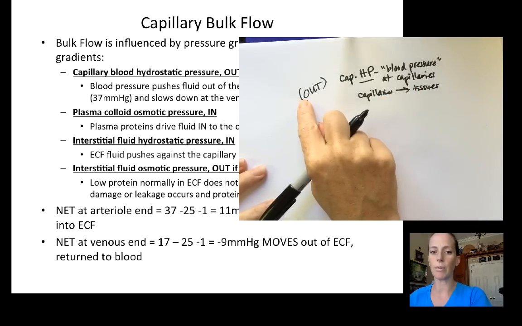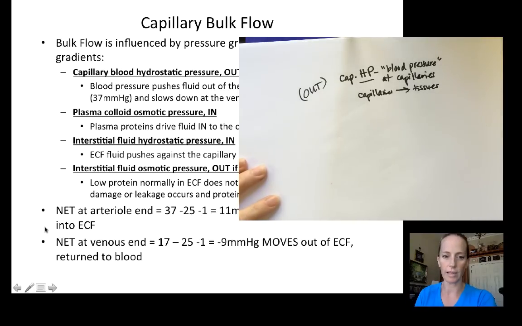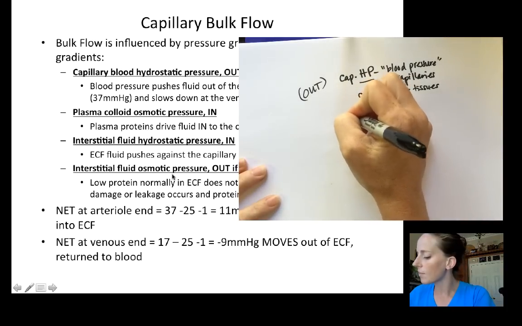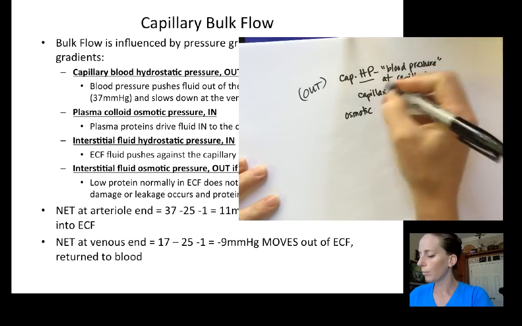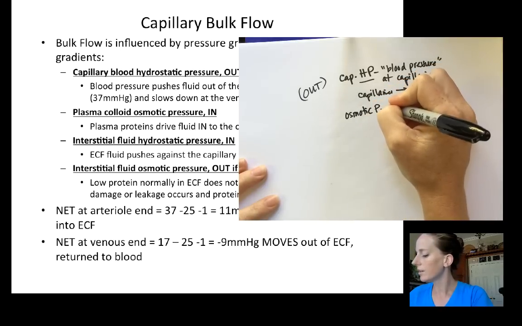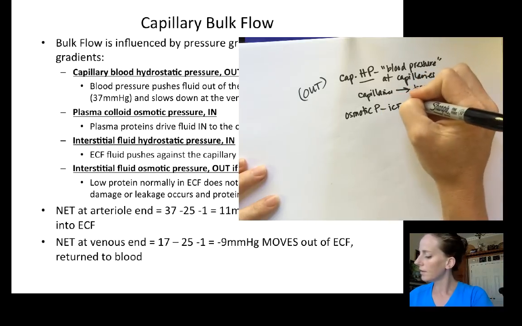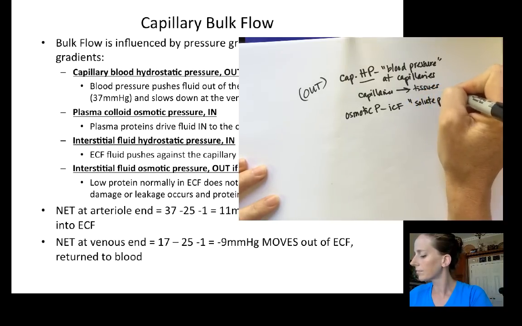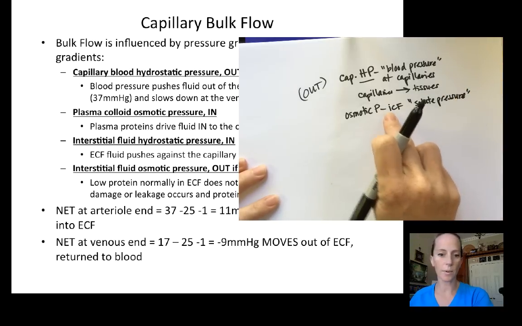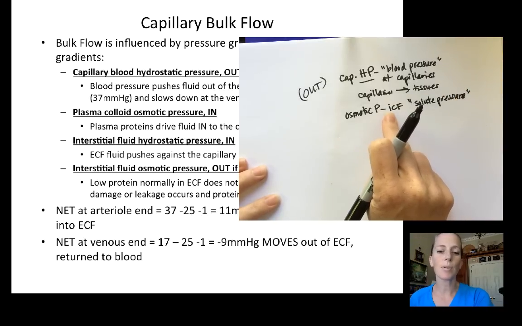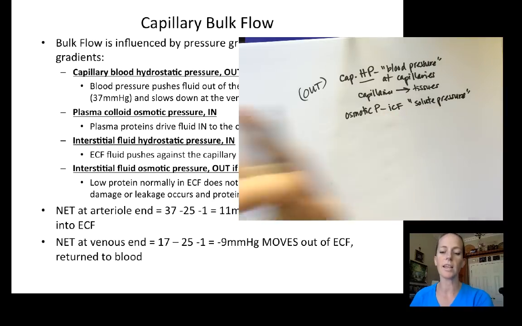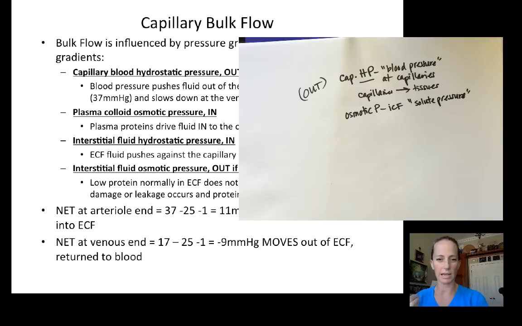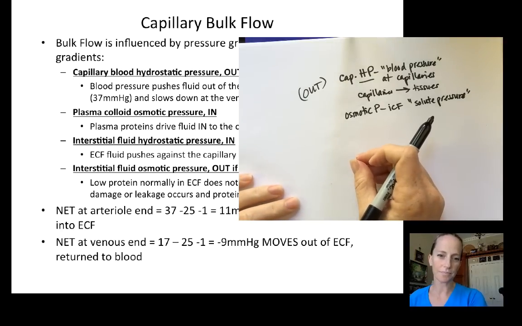We have another out pressure that is the interstitial fluid, if it has any osmotic pressure. So we have osmotic pressure of this interstitial fluid, or the IF. So this is solute pressure. What you want to ask for this one is, do we have a high percentage of solutes in the interstitial fluid that can pull fluid out of the capillaries into the tissues?